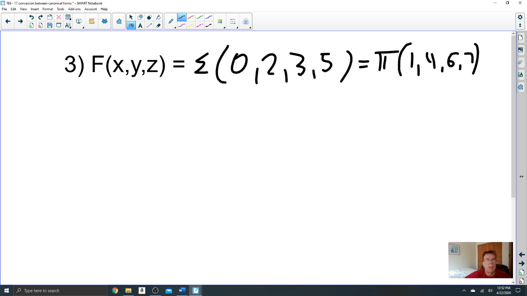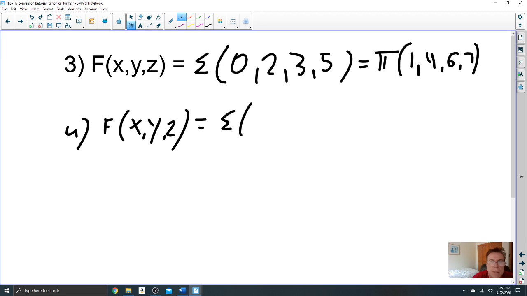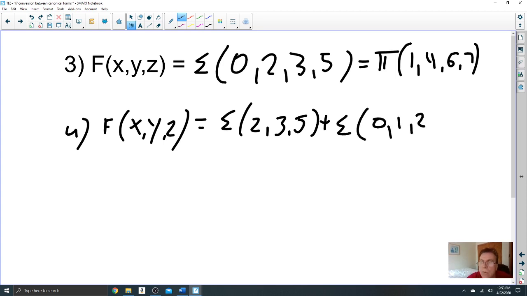Okay, let's do one more. Let's establish question number 4 of x, y, z. What if you have something like this? The function is the sum of minterms 2, 3, and 5 plus the sum of minterms 0, 1, 2, 5, and 7. So you have two sets of minterms. Some of the minterms are repeats here.